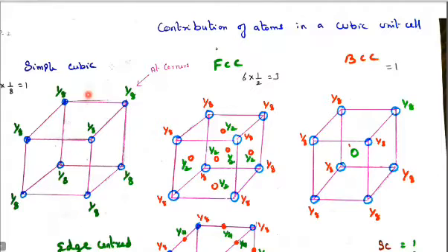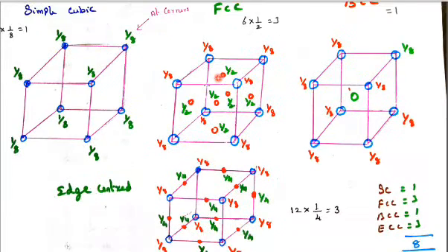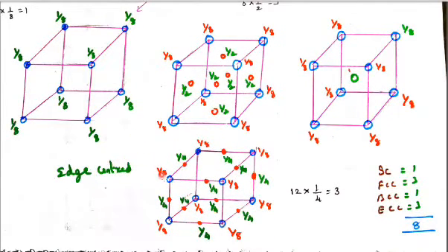Each corner has 8 atoms at the corner in all the cubes: simple cubic, face-centered cubic, body-centered cubic, and edge-centered cubic, only at the edges, the edge center. Each edge atom is 1 by 4.